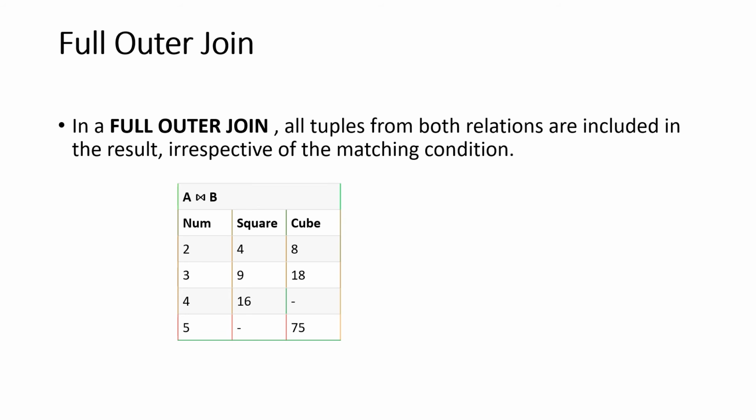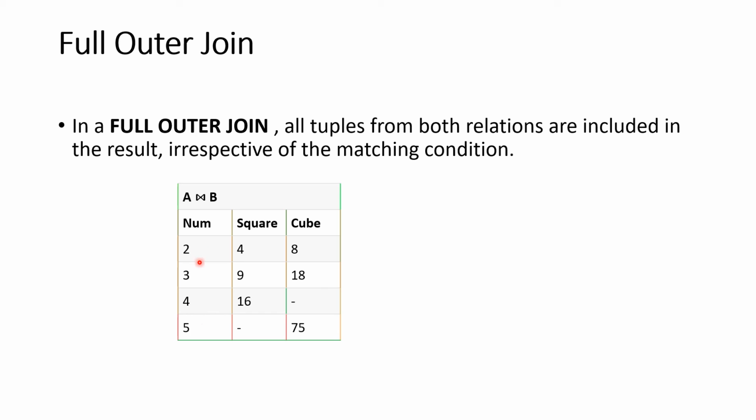Then comes full outer join. Here we write like this. We have an example. We are taking all the tuples from both relations, and whether we have any condition or not, whether this is matching with the record or not, we are taking completely all values from the left side and right side also.